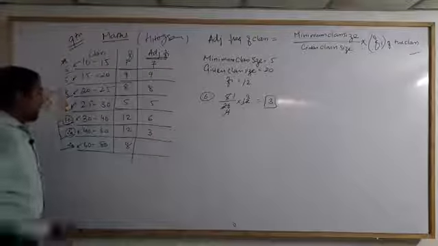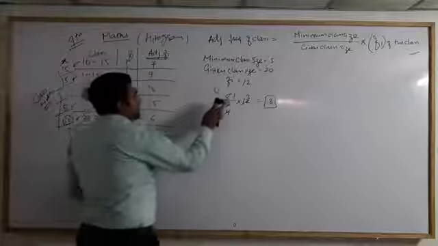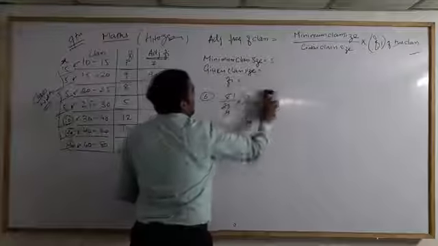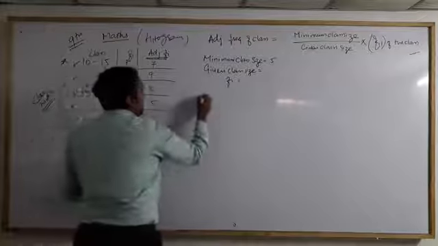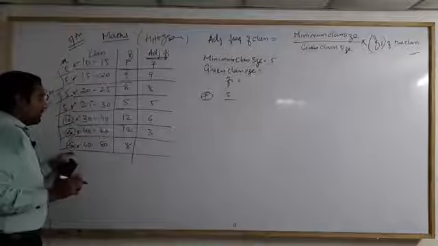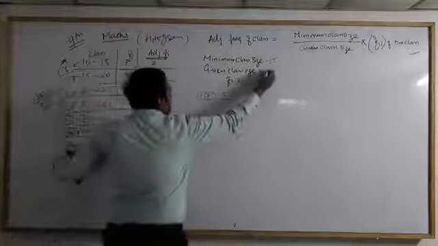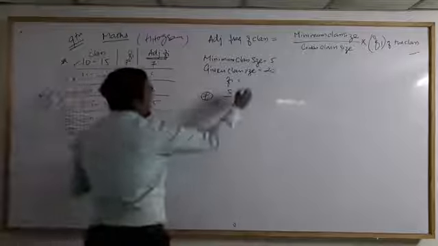Now for the last one, the seventh one, my minimum class size is 5 as it is, and my given class size is 20, and my frequency for that is 8.